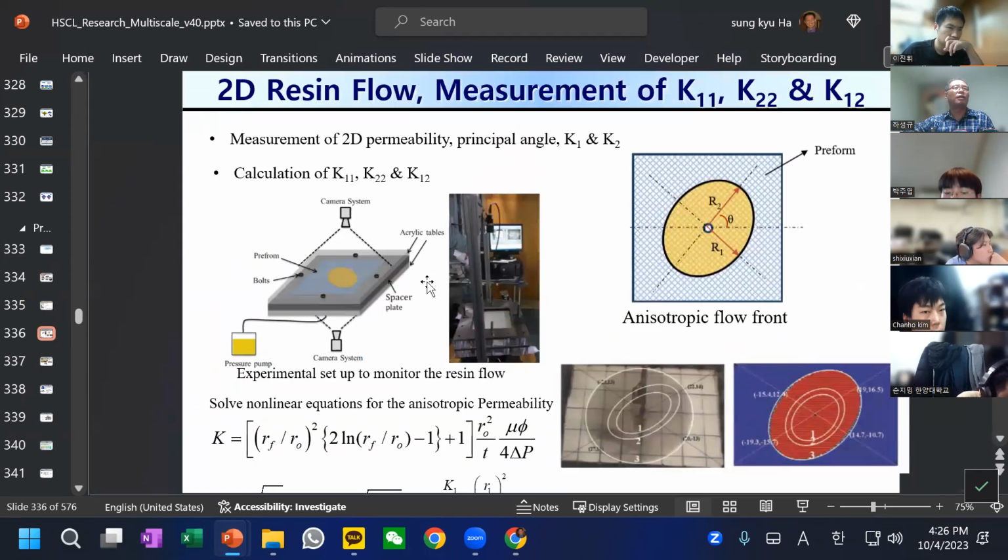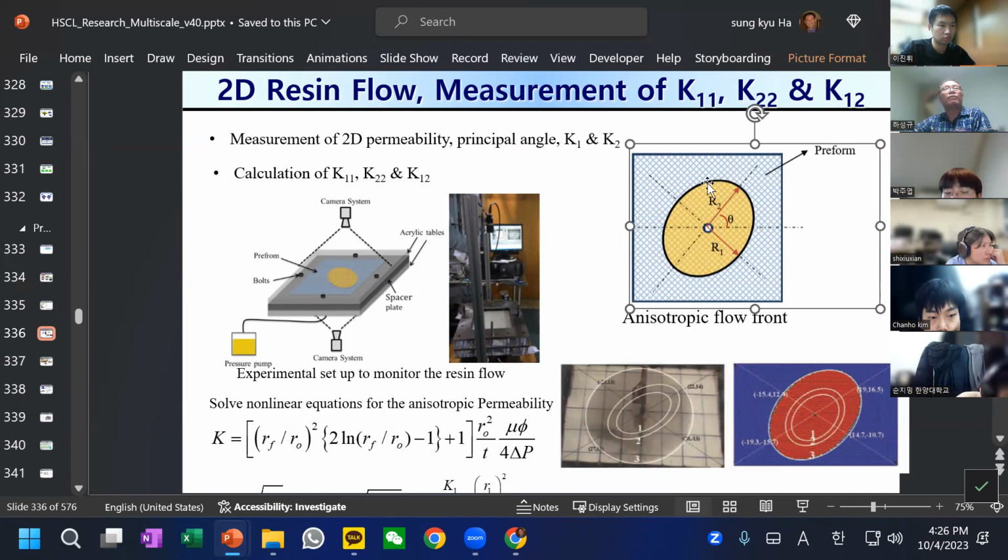So now measurement of this permeability is important. We let the resin flow, and we have a camera system, and then pressure pumping here, and then resin will flow. There's a resin source there, but resin flows in this direction and that direction. So it just spreads and spreads and spreads.